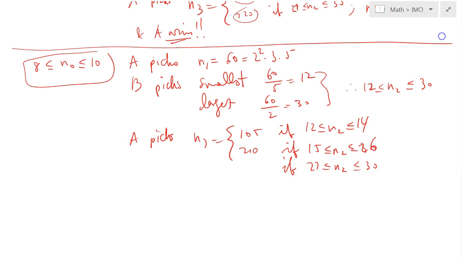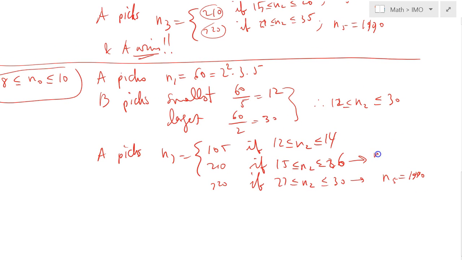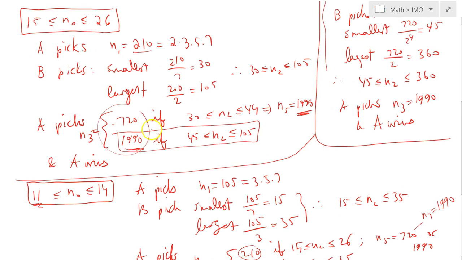Regardless, in the next step we will win. In this one it depends. We can win in one step, in N5 we can get 1990, or we can win in the next step, because when it is 210, it might take several steps.